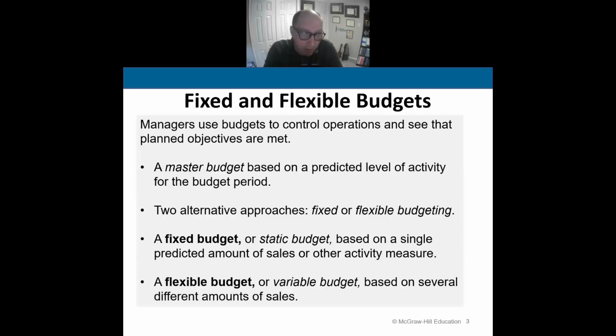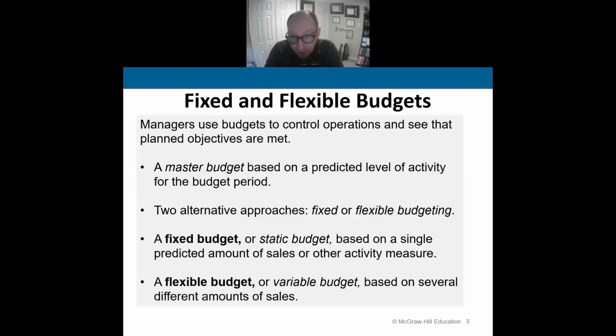Certain businesses and agencies will use fixed budgeting. For example, the government uses a fixed budget. They do not adjust their budgets during the year. They say, this is what the budget is. We either meet it or we don't.